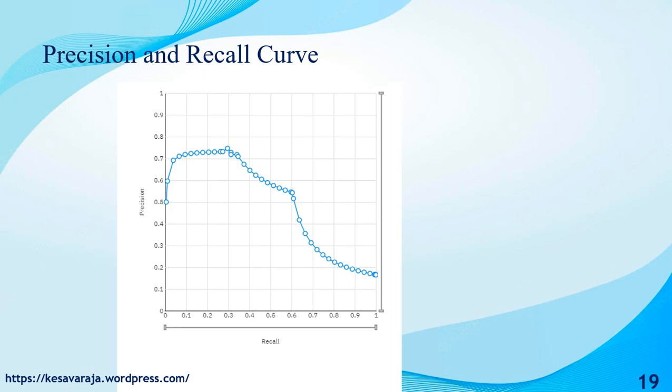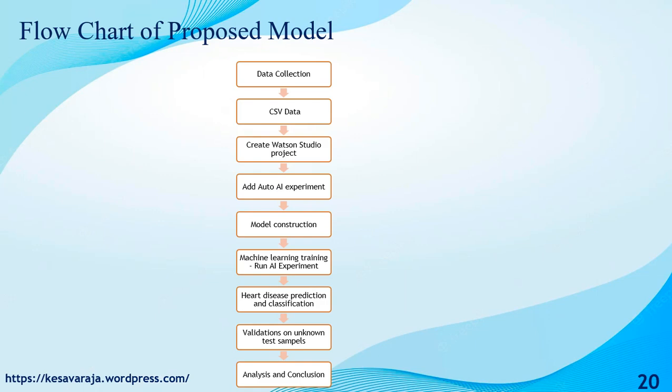This is the precision and recall curve, which shows that it works fine. This proposed model collects the CSV data and feeds it into Watson Studio. Then you can run the AutoAI experiment. The entire model is constructed and running on AI, which can predict the heart result, then validate the result and analyze and produce a conclusion statement.